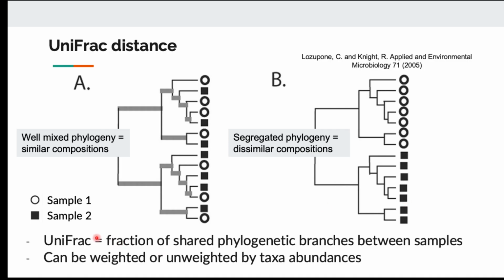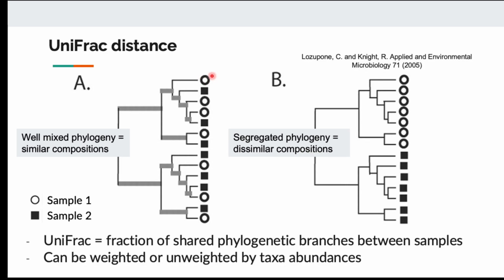And UniFrac, in this example, doesn't really take into account the abundance. We just reconstruct the phylogeny from the presence or absence of the species or organism. But in your data, you might have a lot of differences in abundance. This species might be a dominant bacteria in sample 1, but this other species might be the dominant bacteria in sample 2. In that case, even though you have shared phylogenetics, the abundance doesn't correlate.